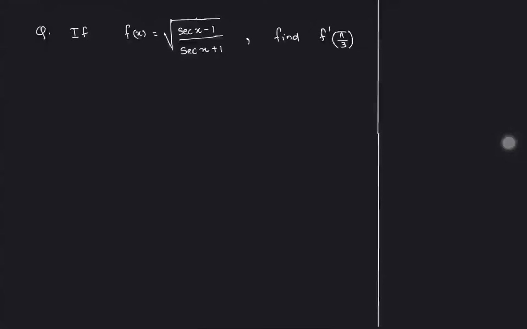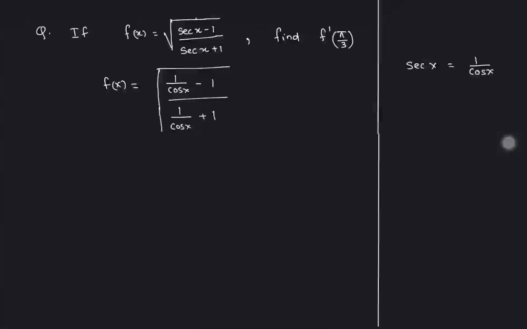So if you remember the basic identities like sec of x can be written as 1 over cos of x, then you can modify this function as square root of 1 over cos x minus 1 over 1 over cos x plus 1.